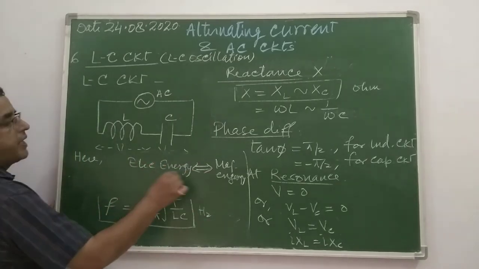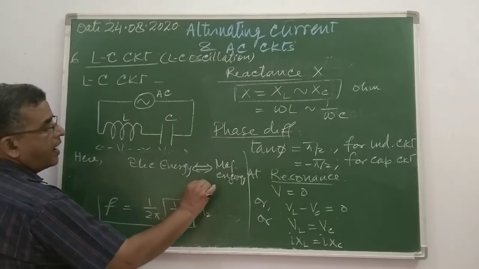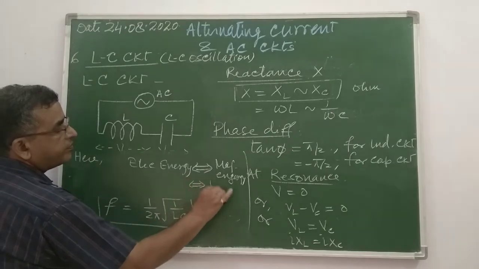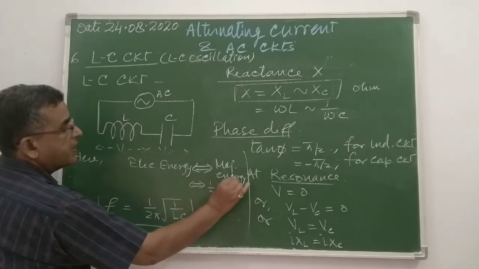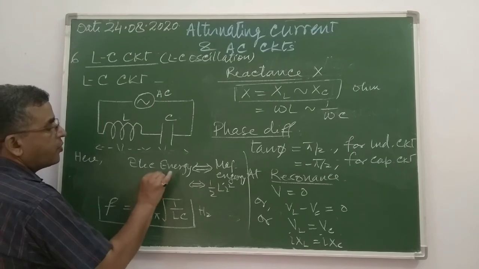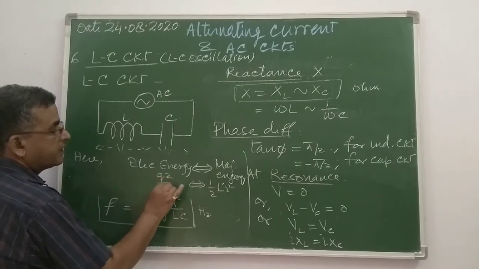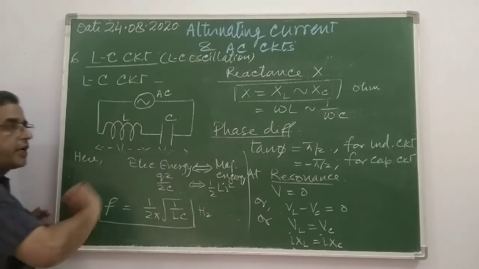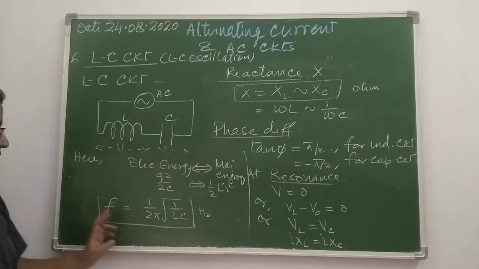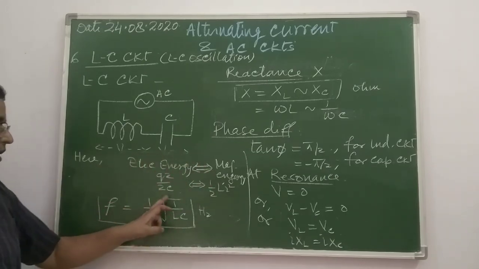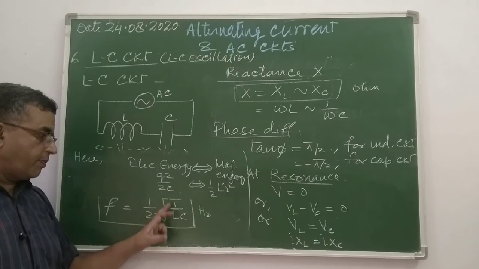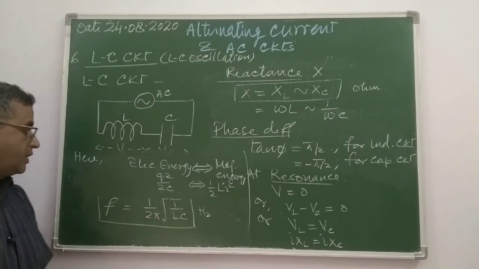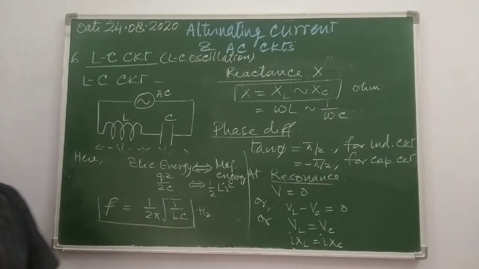So magnetic energy is half L i square, and electrical energy is Q square upon 2C. So this continues with a frequency f equal to 1 upon 2 pi under root 1 upon LC. So these are the LC oscillations.